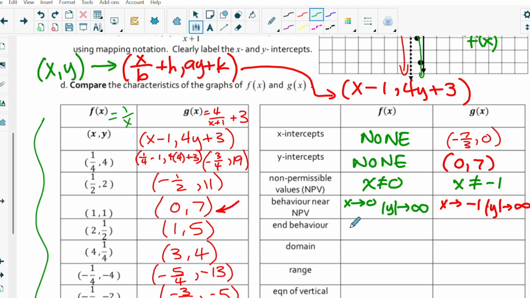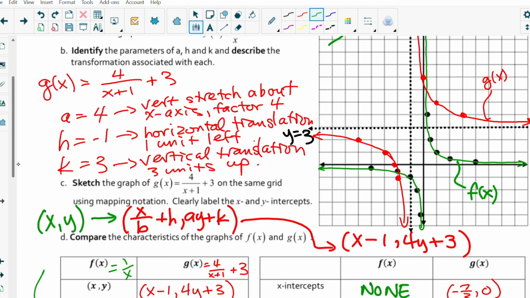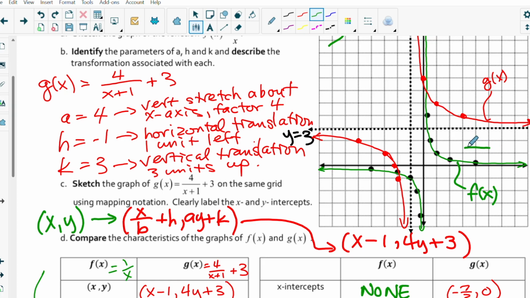And behavior as the absolute value of x approaches infinity, let's take a look. As x approaches infinity, what happens to y? Well, y approaches 0.